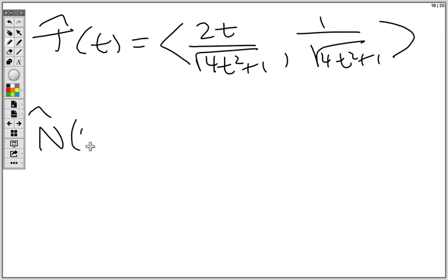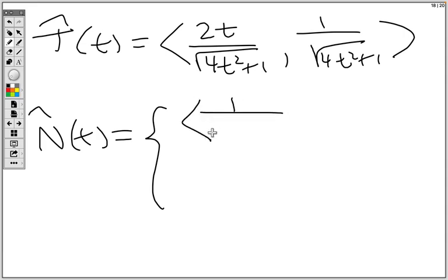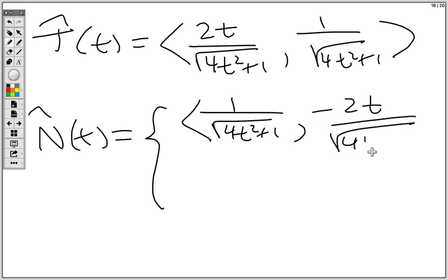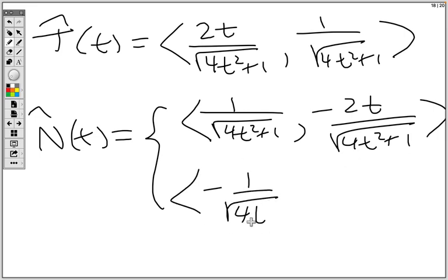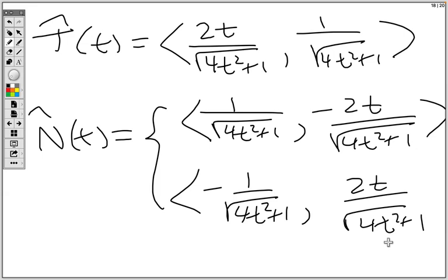So our n hat is going to be one of 2 different options. You switch the components and you make one of them negative. You follow? And then to figure out which one it is, you go to the graph.